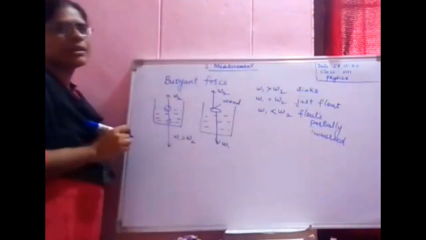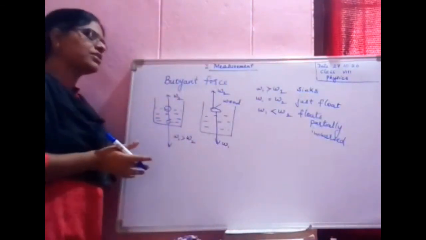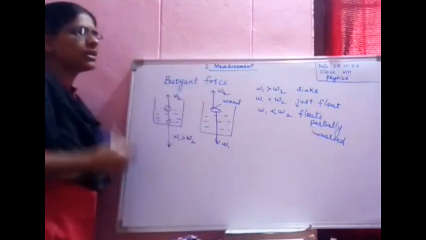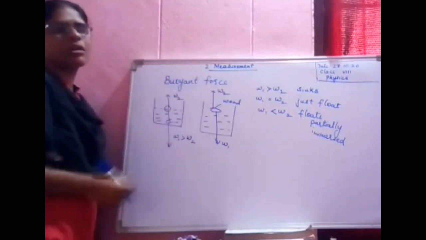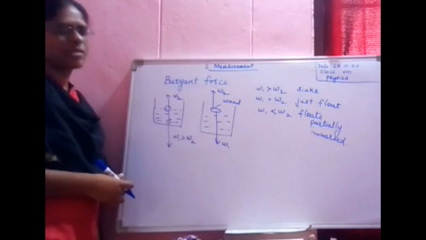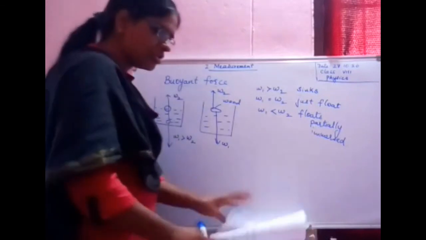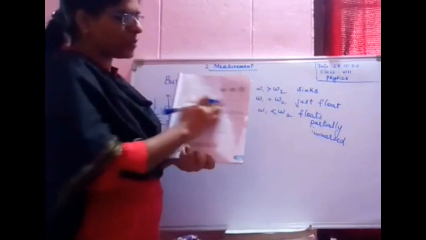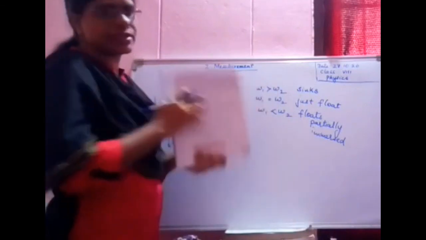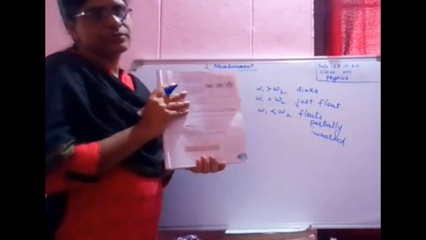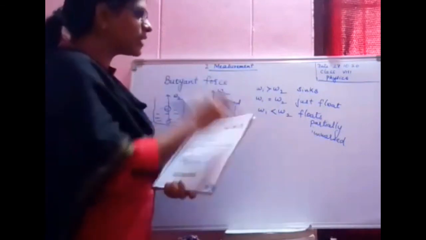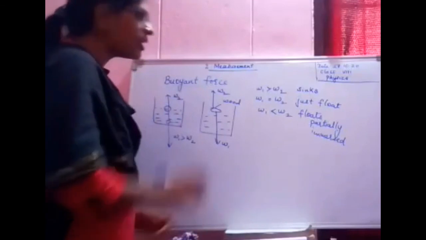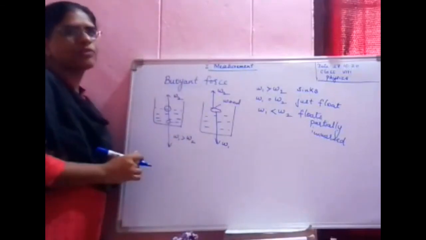Okay, these are the conditions to show that the object sinks or floats. If you want, you can see conditions of flotation of a body, figure 2.8. These are the conditions for sinking and floating.